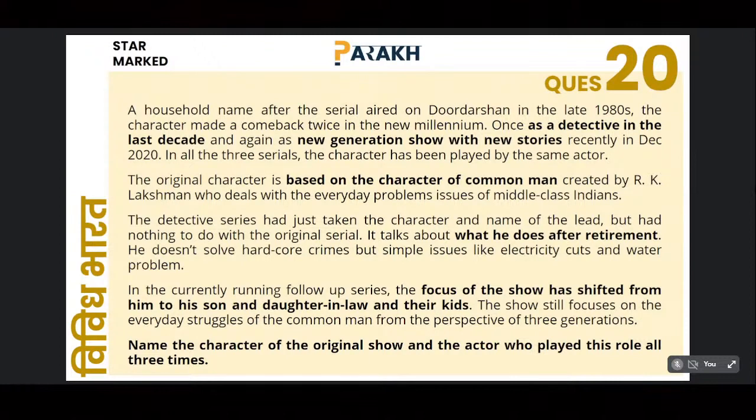In the currently running follow-up series, the focus of the show has shifted from him to his son and daughter-in-law and their kids. The show still focuses on the everyday struggles of the common man from the perspective of three generations. Name the character of the original show and the actor who played this role all three times. For part A, that is 20A, you have to name the character, and for part B, you have to name the actor.